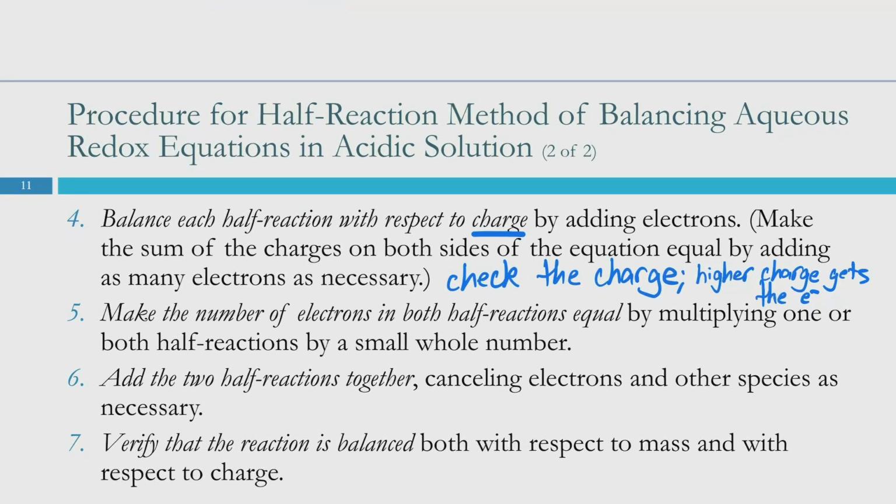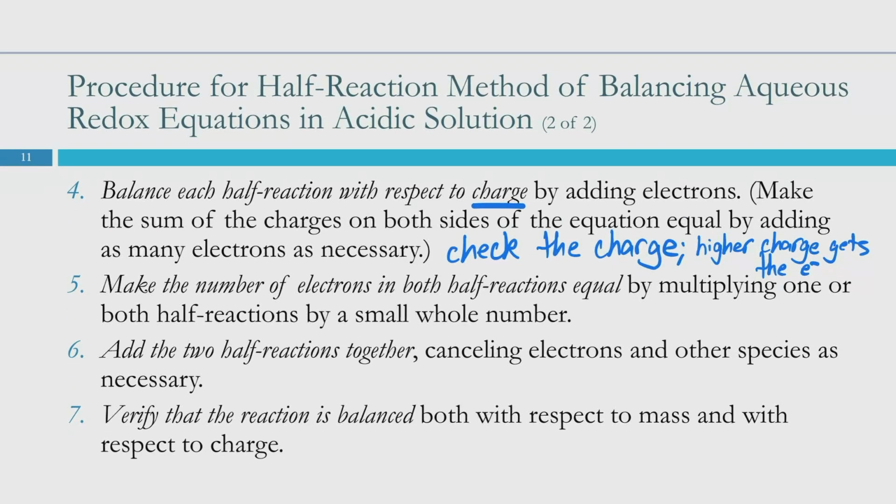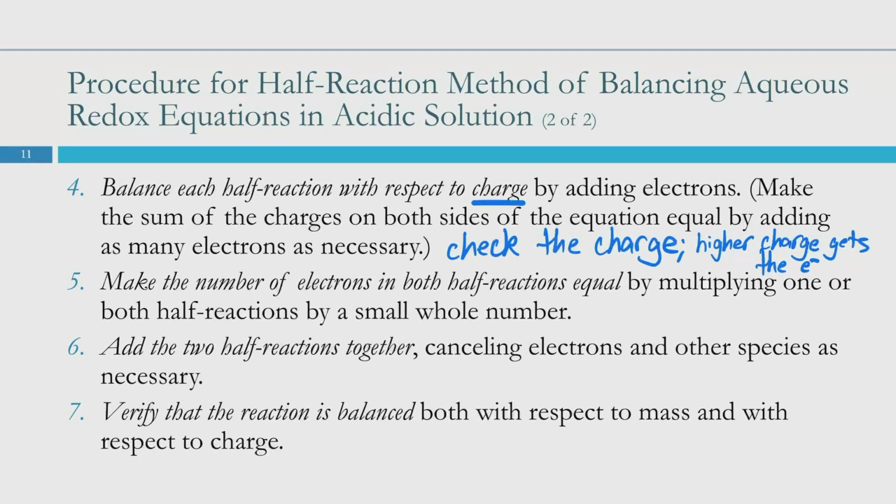And then since we don't really ever have electrons just floating around in solution, we're going to make the electrons balance out. So for each of our half reactions, we're going to multiply them by 2, 3, 4, 5, whatever we need to get the electrons to balance out.